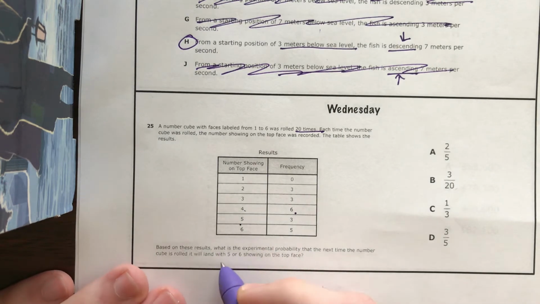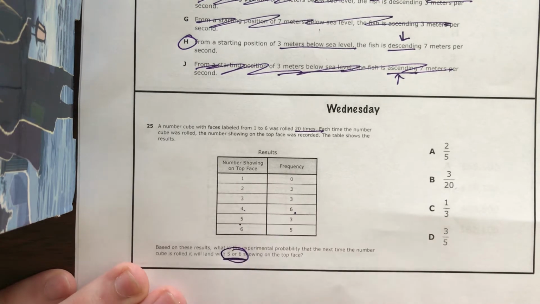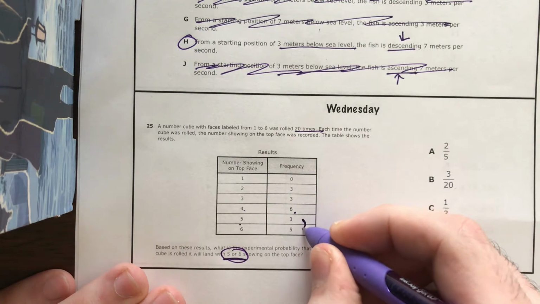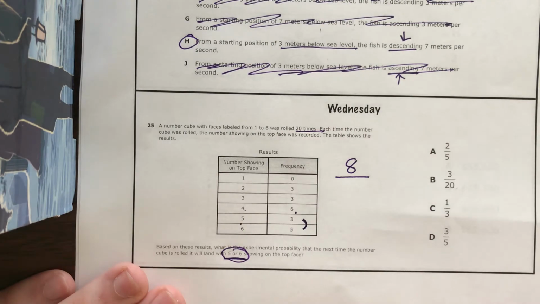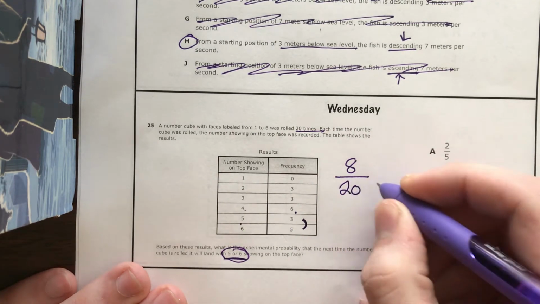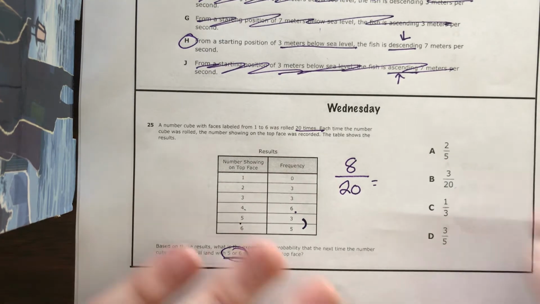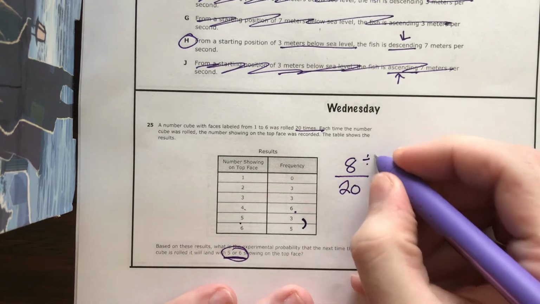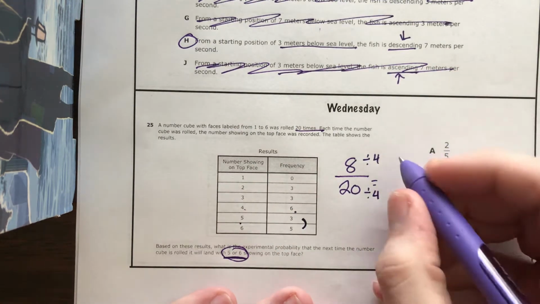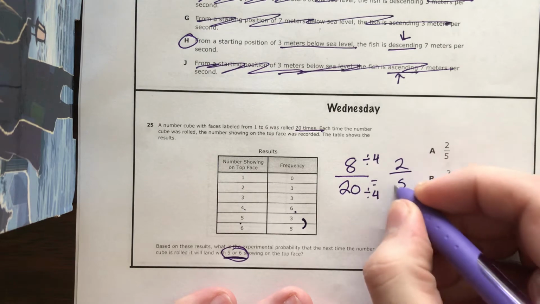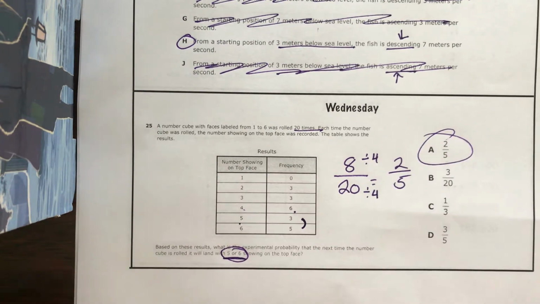Based on the results, what is the probability that it's going to roll a 5 or a 6? So how many times did we roll a 5 or 6? Combined, we rolled that 8 times. What was the total number of times we rolled the dice? We rolled it 20 times. Now this can be simplified by 4. So I divide by 4, divide by 4. You could also do 2 and then 2 again. And we get 2/5. My answer is A.